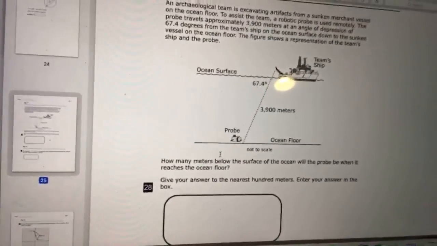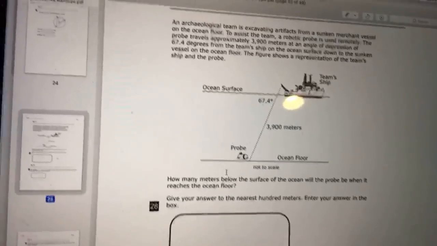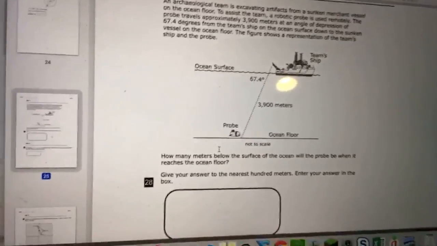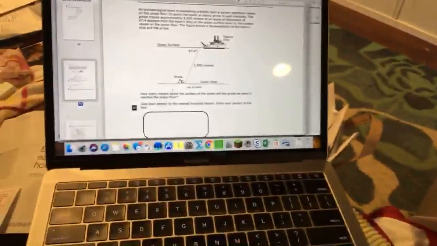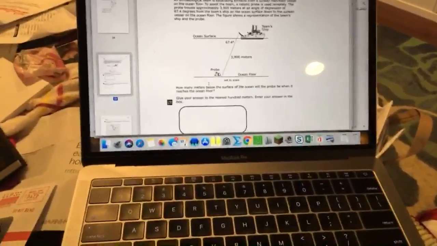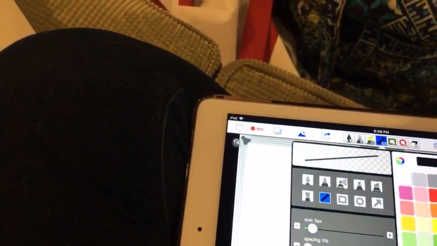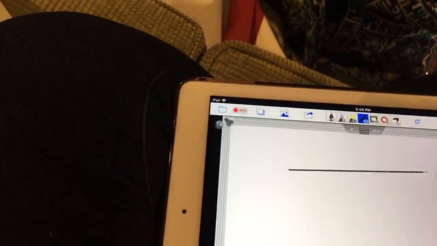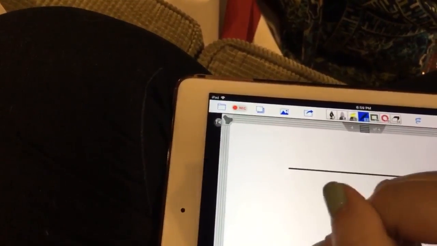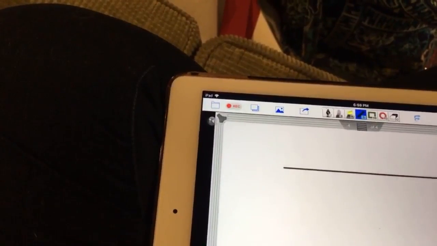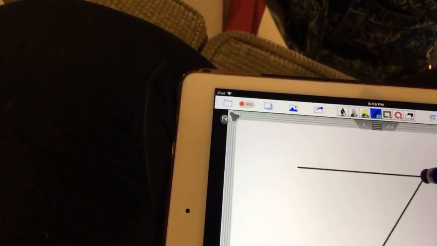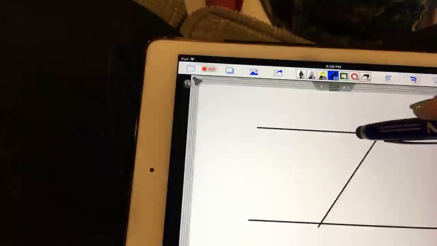So this is actually a trig problem, and I don't need a graph for that. So let's draw some lines. Here's the surface. Here's the probe. There's the path that the probe traveled.